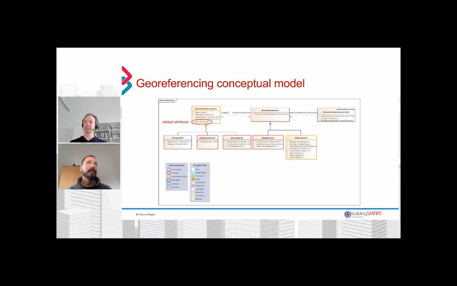So we're quite confident that this is the way that we will go in the end, and there will be no IFC well-known text CRS introduced. And with that, I think I can hand over to you, André.